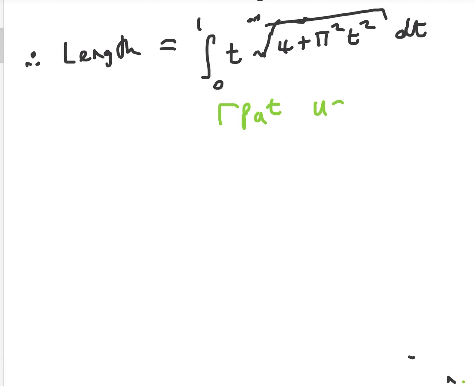So put u equal to 4 plus pi squared t squared. Therefore, du is going to be equal to, differentiate the right hand side with respect to t, you get 2 pi squared t dt. So therefore, divide both sides by 2 pi squared.